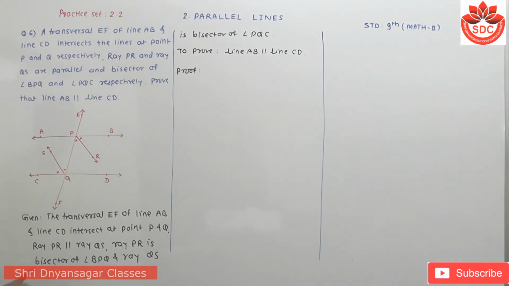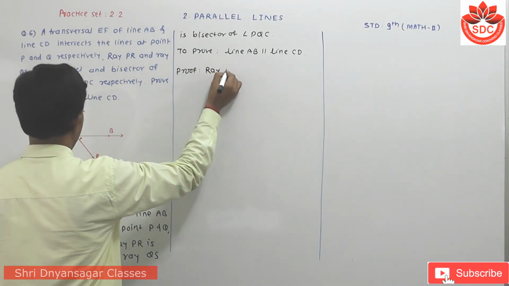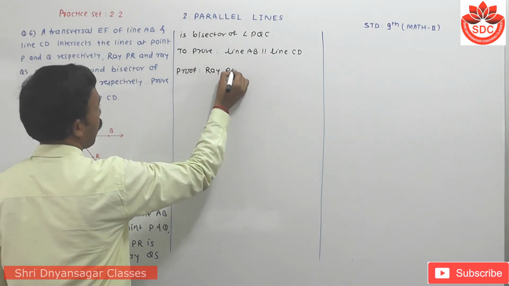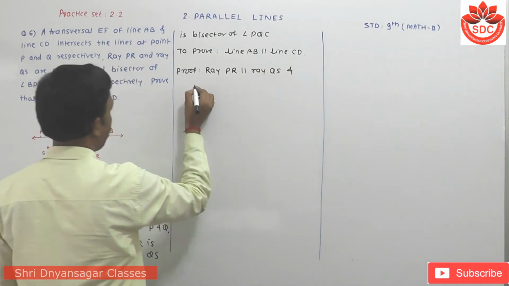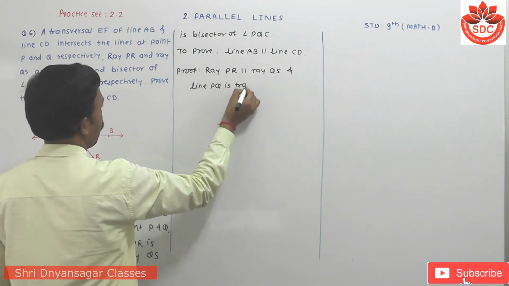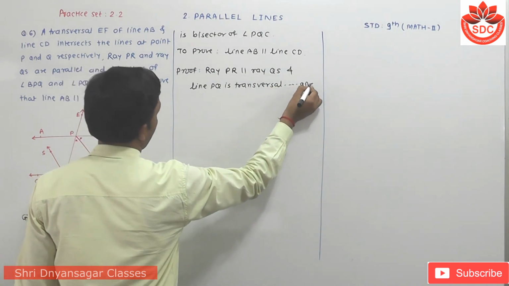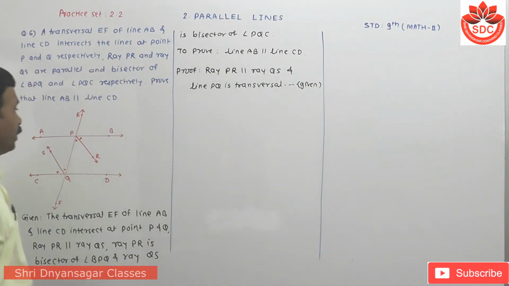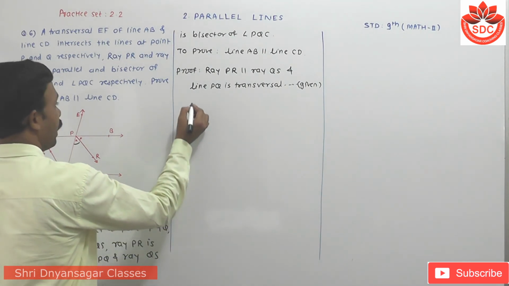First I have to take this ray PR is parallel with ray QS and line PQ is transversal. Student, this is our given. This is transversal, suppose, so that these two angles, look here, are congruent.